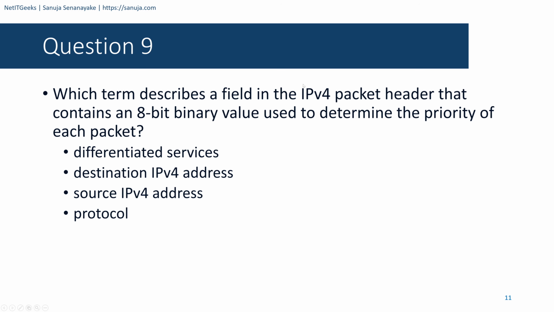We are looking at the IPv4 packet header that contains an 8-bit binary value that will determine the priority of the packet. Differentiated services, destination IPv4 address, source IPv4 address, and protocol. Again, this should be an easy answer just by reading the answers below. I'll give you a few minutes to think about it.